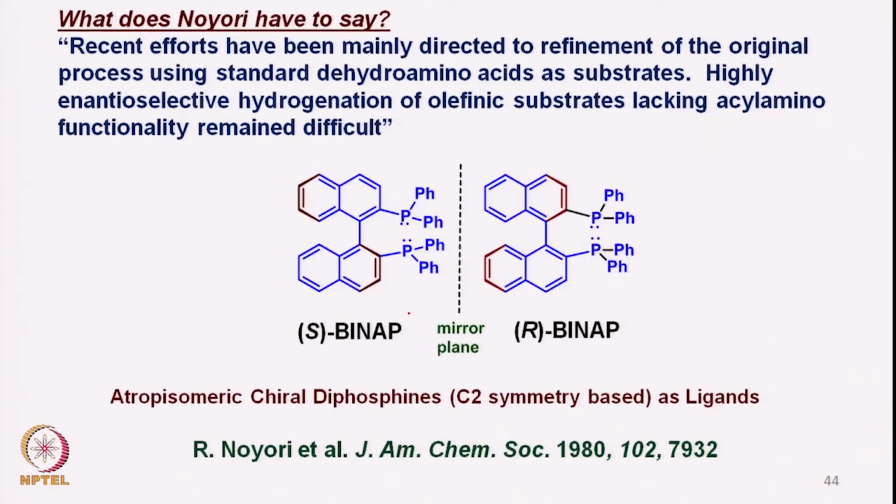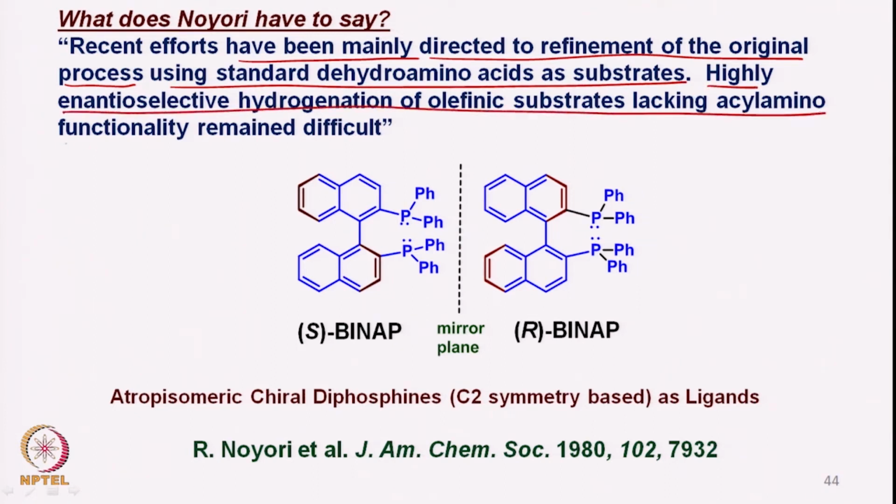Now, what does Noyori have to say? Noyori says that recent efforts have been mainly directed to the refinement of the original process using standard dehydroamino acids as substrates, basically enamides, and highly enantioselective hydrogenation of olefin substrates lacking acylamino functionality remains difficult.